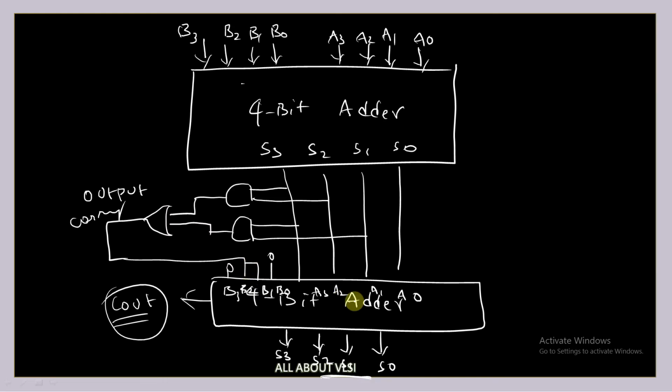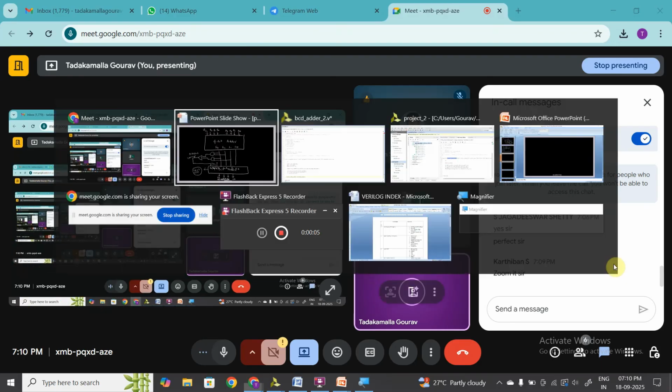This we need to write down in the code. A3, A2, A1, A0 are connected directly to the wires, that is sum_temp. But I need to connect only B2 and B1 to the output of this OR gate, and B3 and B0 to 0. Now, how to do that?